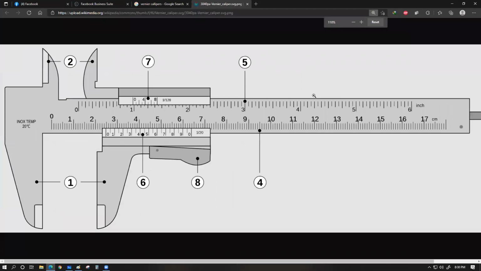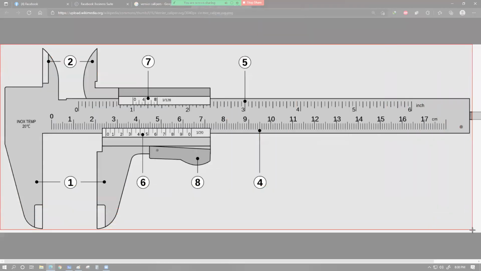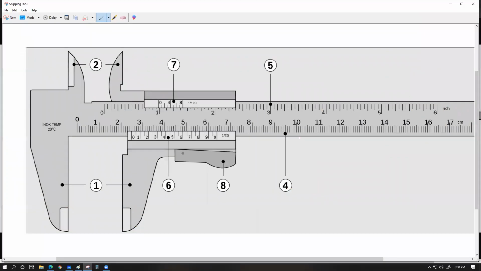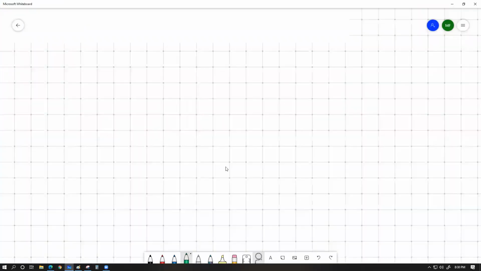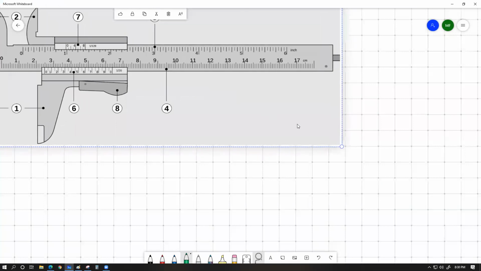I can do one thing, which is the simplest way: screenshot. Bam. So have a look.